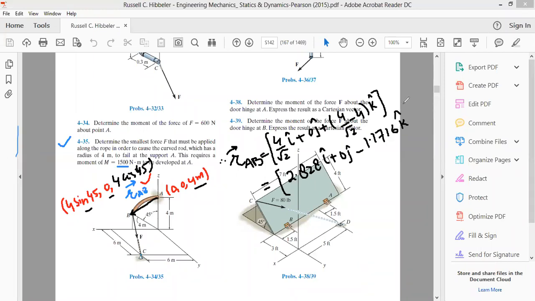So these are the components. This is our radius vector RAB, with this as its x component and this as its k component.